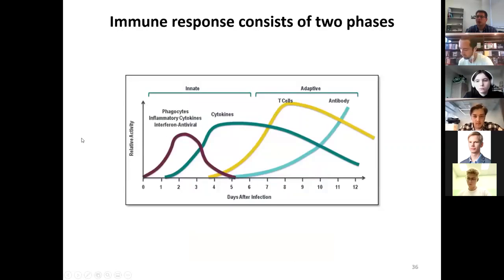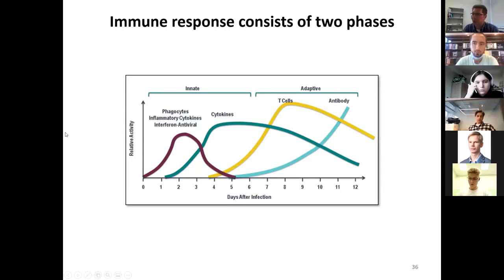So T cell and B cell mediated immunity is a later development in the immune response against pathogens. The other aspect of the innate and adaptive immunity is the split in the timing of the response. The first responders are the innate cells: macrophages, dendritic cells, neutrophils. They mount an immediate response, within days or even hours, to the pathogens, producing cytokines and so on. And then at about day 7, the adaptive, particularly T cell mediated immunity kicks in.